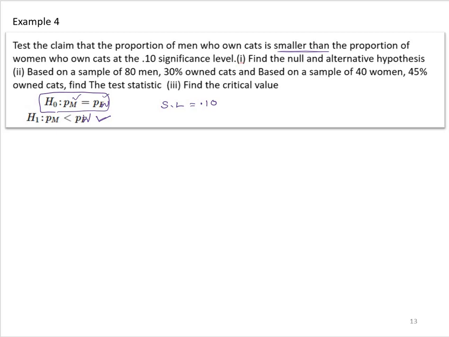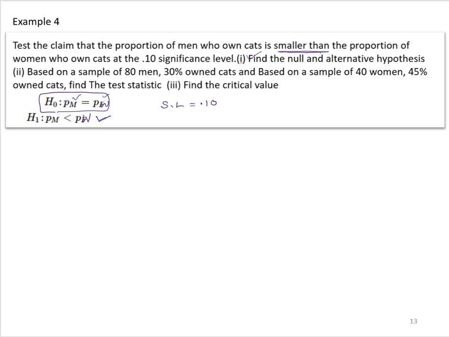That is the null hypothesis. And the alternative hypothesis is given that the proportion of men who own cats is less than the proportion of women who own cats. So it is PM less than PW. Okay, so that is the first part.